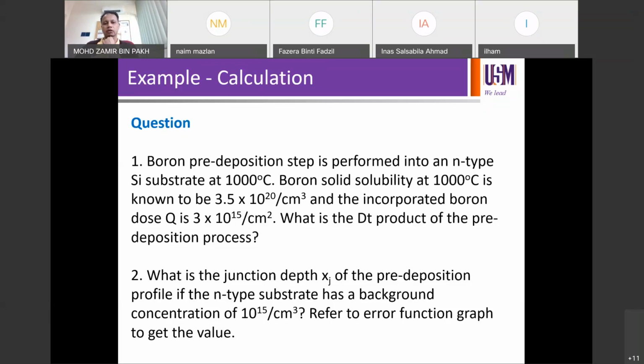It is known to be 3.5 times 10 to the 20 per cm cubed. So that's the maximum level that you can get at 1000 degrees C for boron. And the incorporated boron dose Q is 3 times 10 to the 15 per cm squared. So what is the Dt product of the pre-dep process?